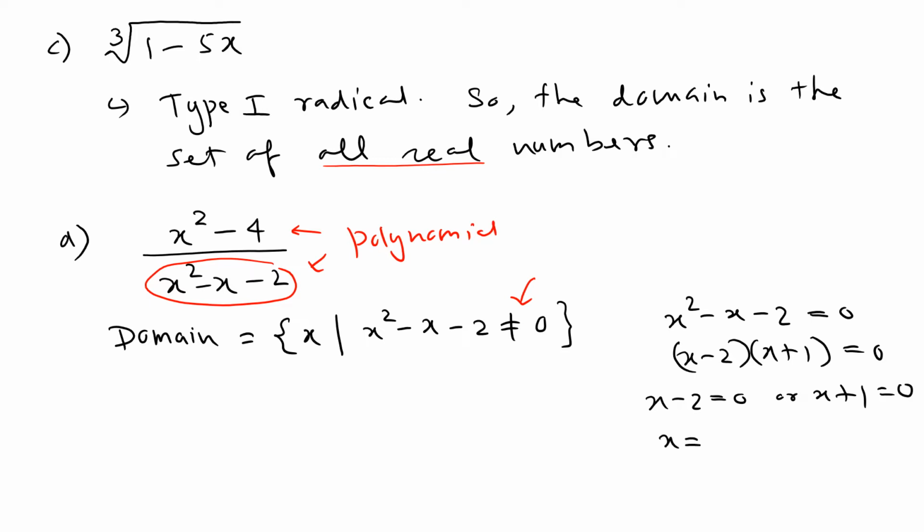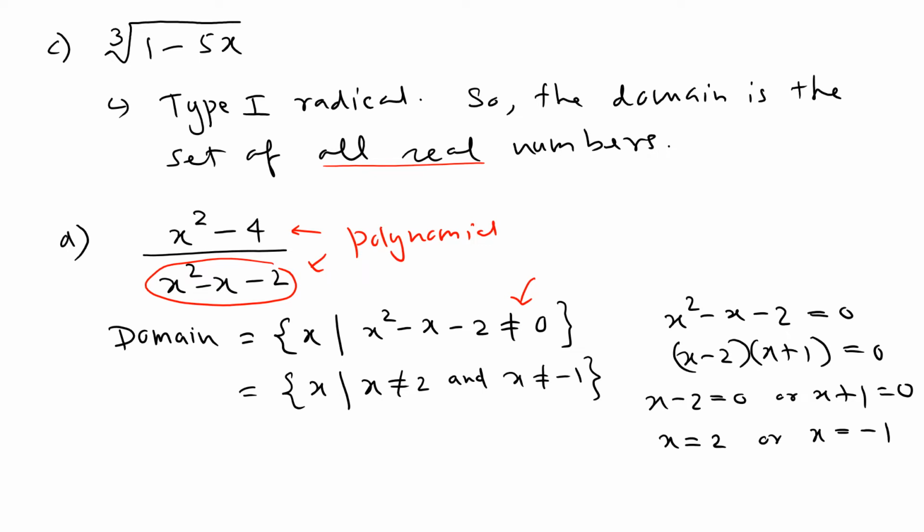So x equals 2, and if you subtract 1, x equals negative 1. Those are the two values that make the denominator 0. So we say x such that x not equal to 2 and x not equal to negative 1. Those are the two values that we need to remove.